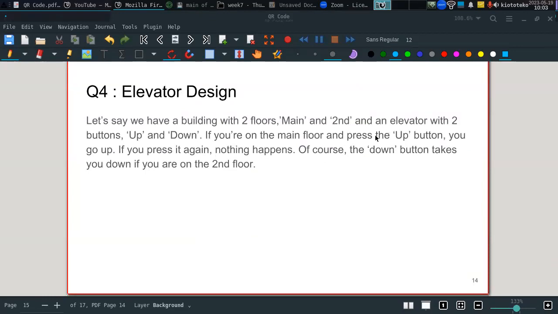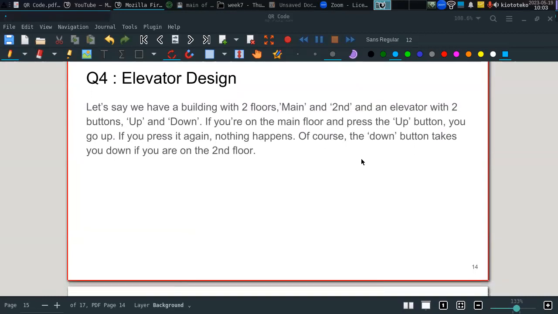design problem. So now here we will do exactly the same, get the finite state machine, but we also design the circuit. So let me see, design a circuit that displays the floor you are in.